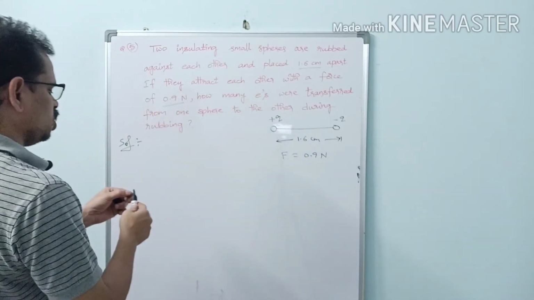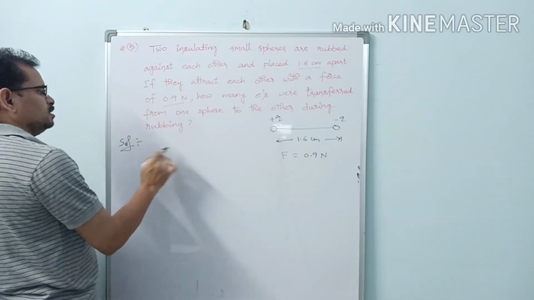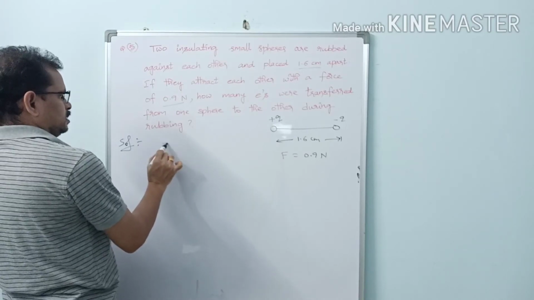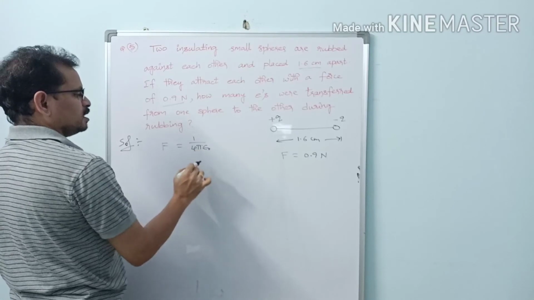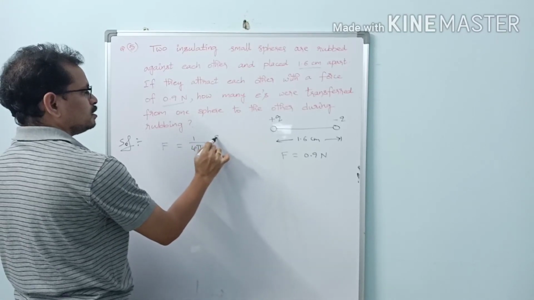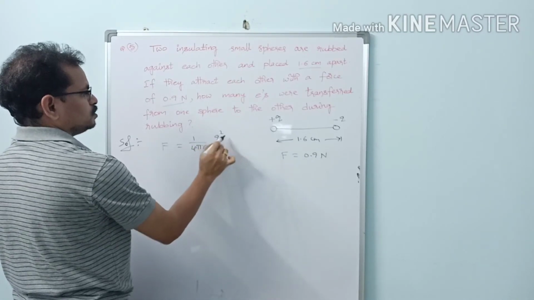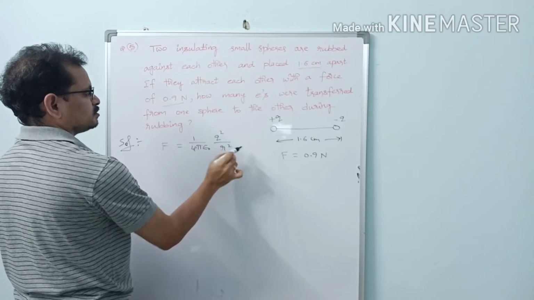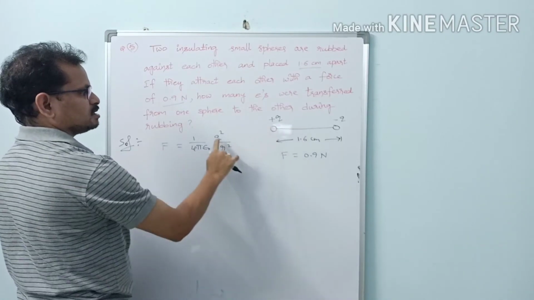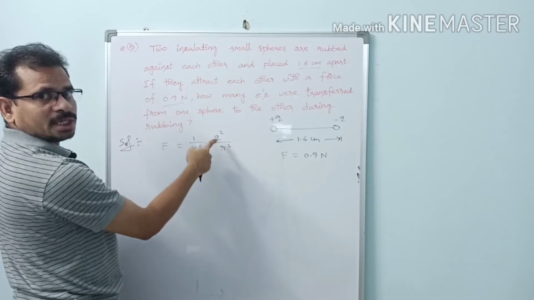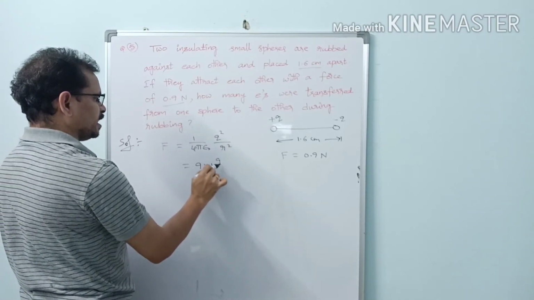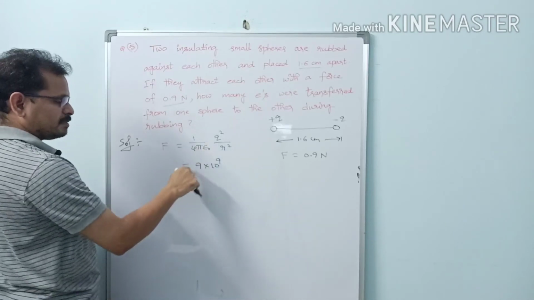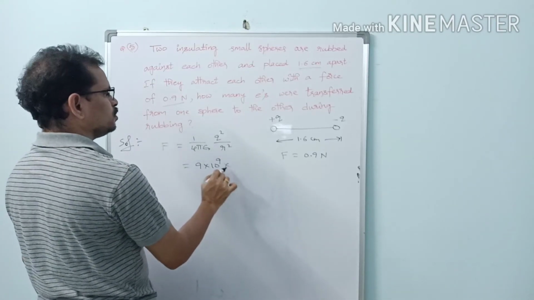Now let us check how many electrons were transferred. By Coulomb's law, F equal to 1 by 4 pi epsilon naught, Q1 Q2 by r square. Because the charges are the same here, in place of Q1 Q2 let us write Q square by r square. The value of 1 by 4 pi epsilon naught equal to 9 into 10 power 9, into Q square.